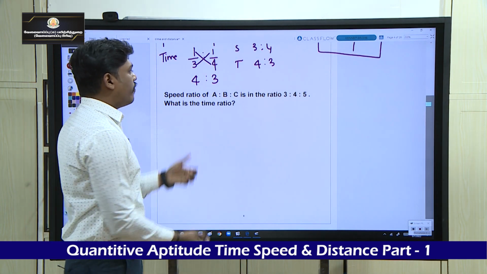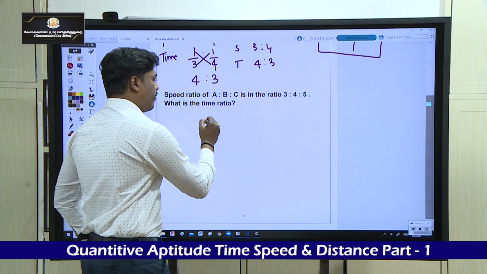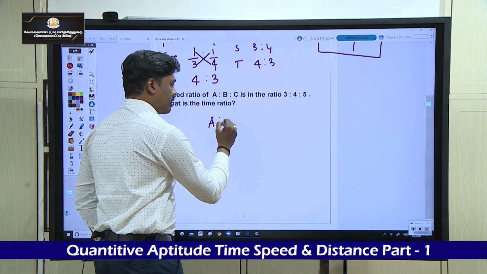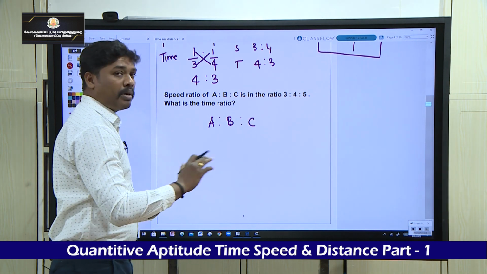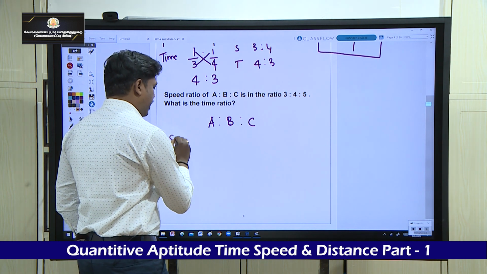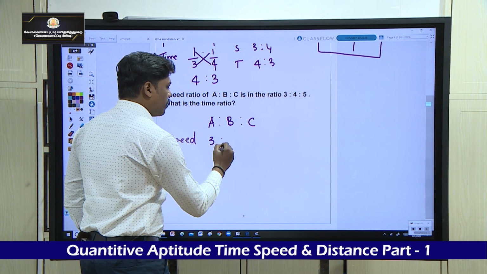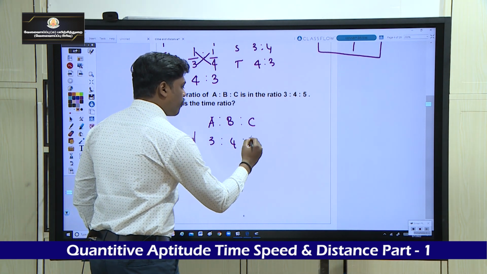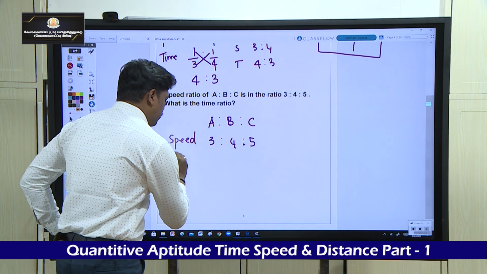Now look at here. Previously we saw two persons, A and B. Here we can see three persons, A, B and C. They are moving at certain speeds and the speed ratios are 3:4:5. We are asking what is the time ratio.